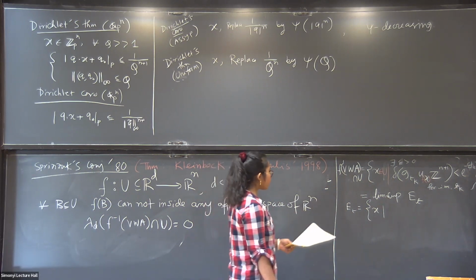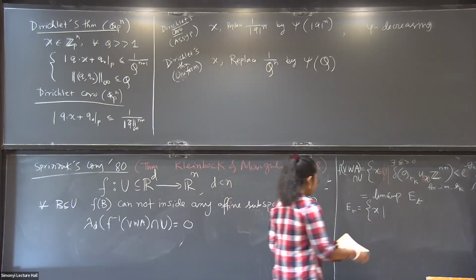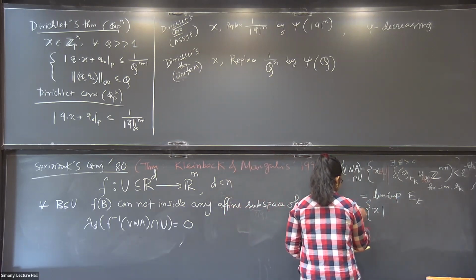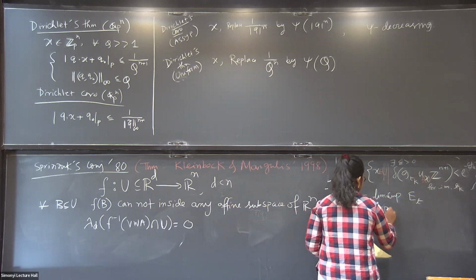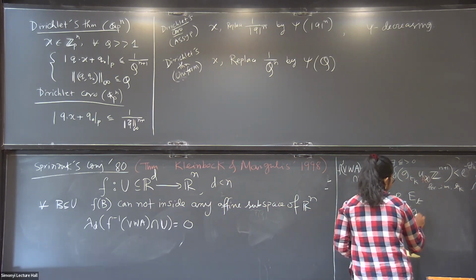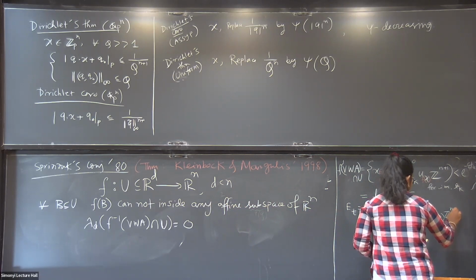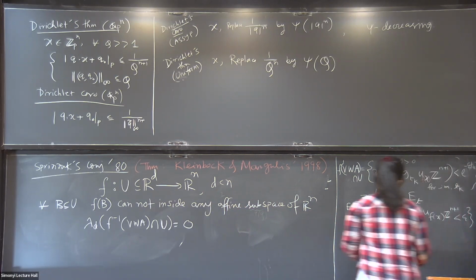Okay, so what do we really need to do in order to apply Borel-Cantelli? We need to have estimates of this kind of sets E_t: x in a ball B such that delta of g_t u_{f(x)} is small.